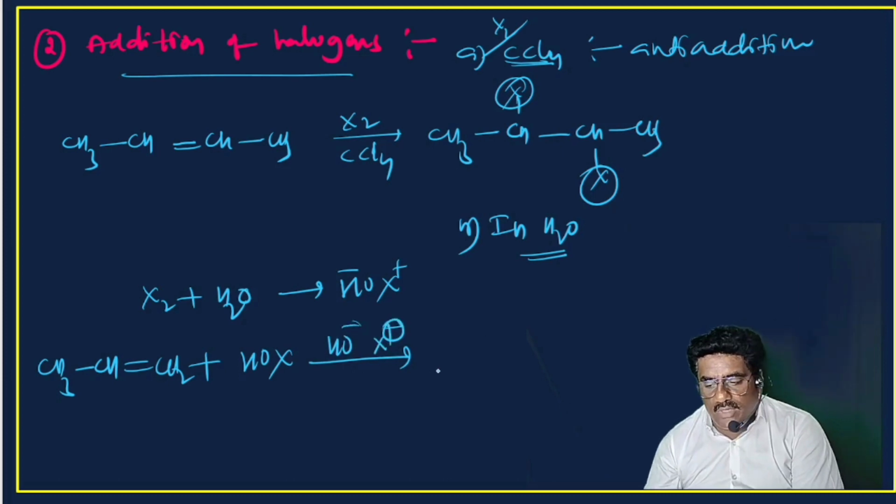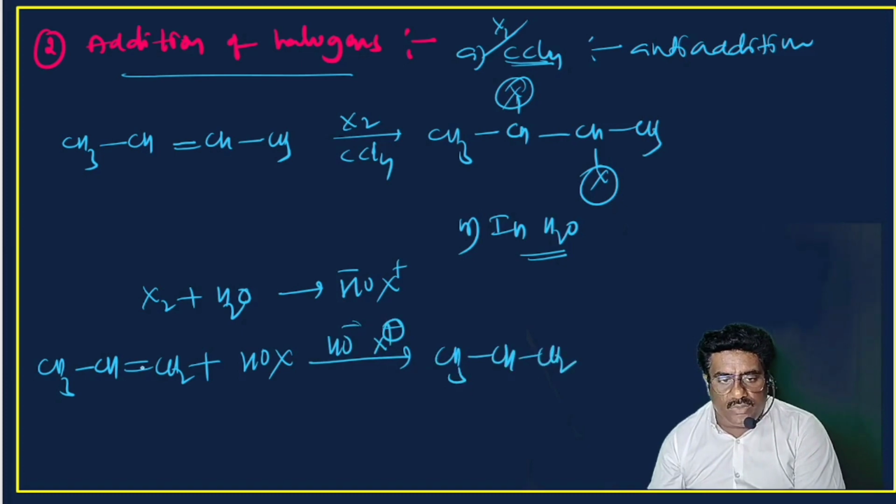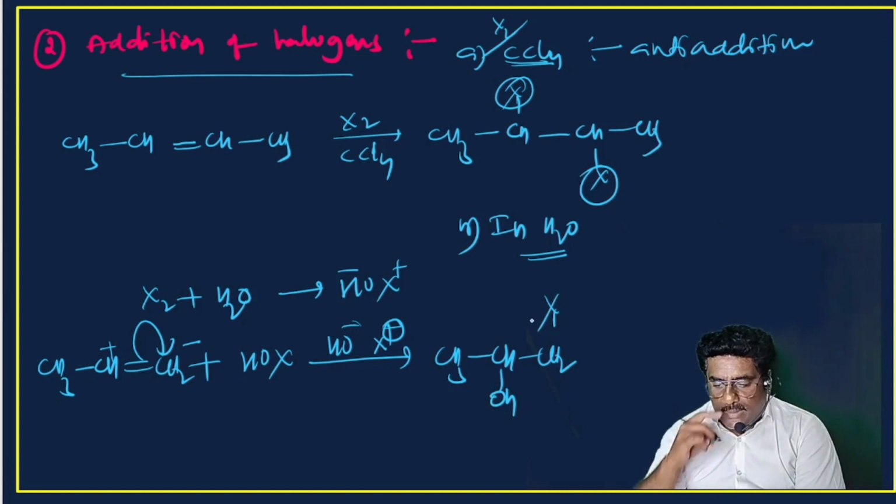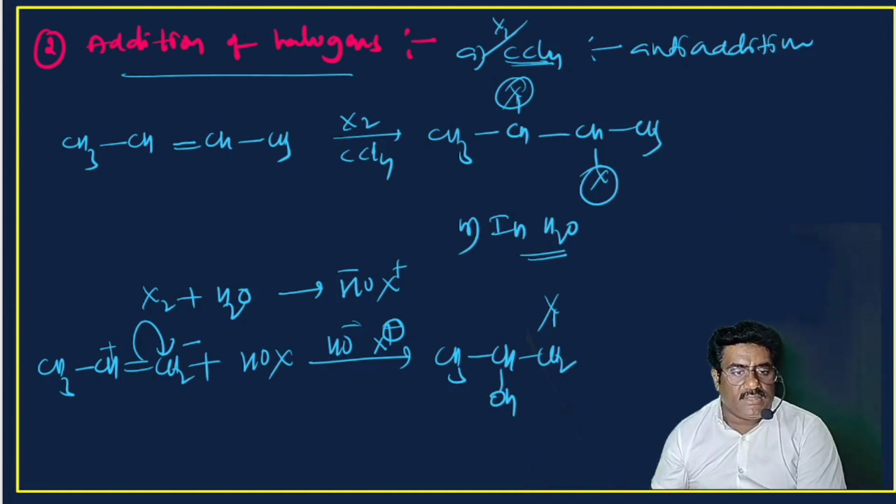So what is the product? Here it gets a positive charge and here a negative charge, so positive moves to negative and negative moves to positive. So it forms OH and X. Let me write one example.